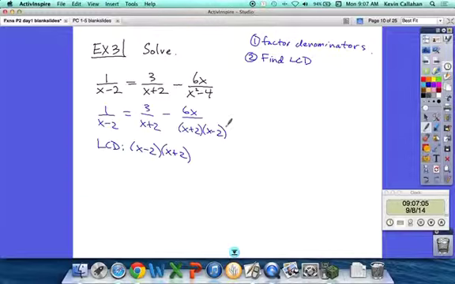So find the least common denominator, then multiply by the LCD. So multiply every term by the LCD. This first term, multiply by x plus 2 times x minus 2.